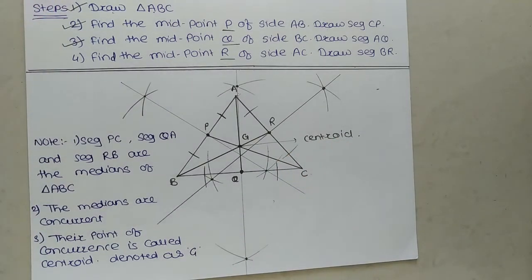Centroid is the point which passes the three altitudes of the triangle. So this is the basic idea related to the medians of the triangle.